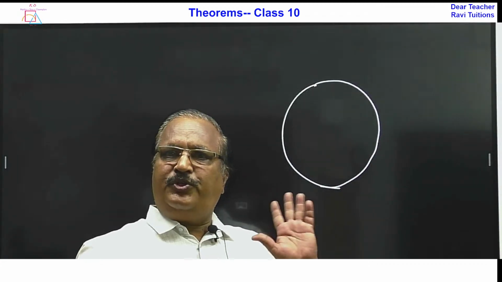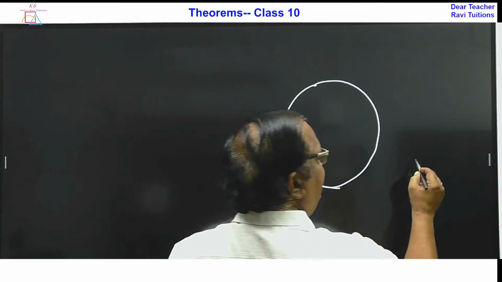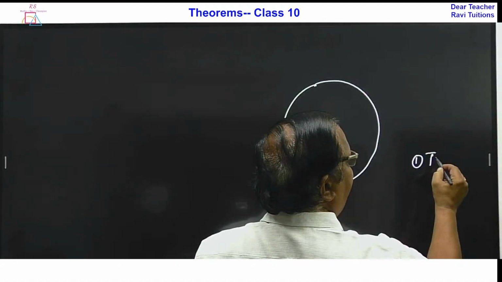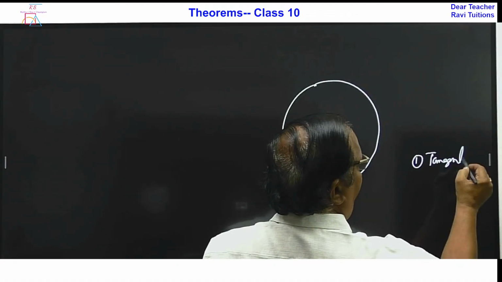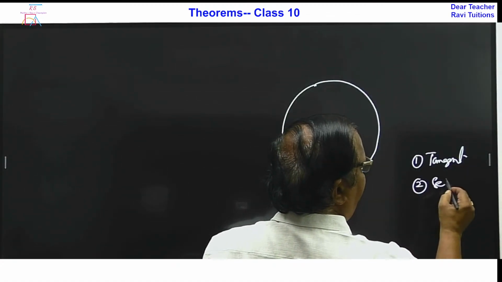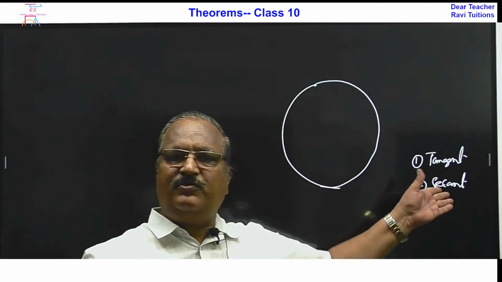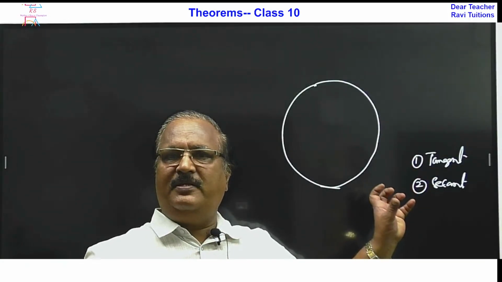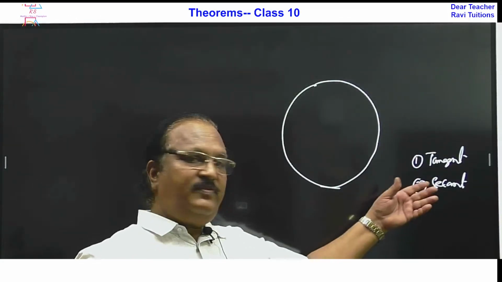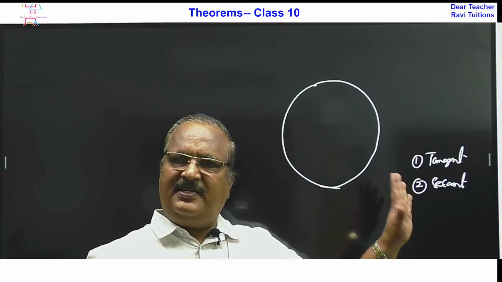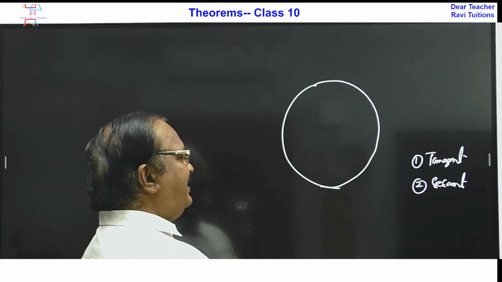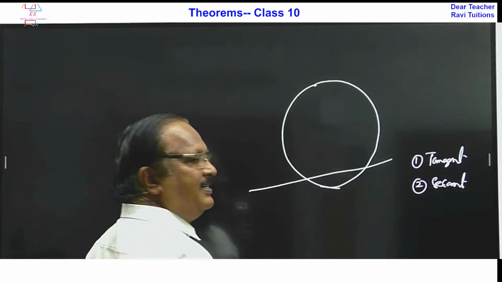Circles, you should know two things. One is tangent, you should know. The other one is secant, also you should know. Secant is a guest actor, it doesn't have much role, very small role. So that is why you just understand what is a secant and forget. So secant is something like this.